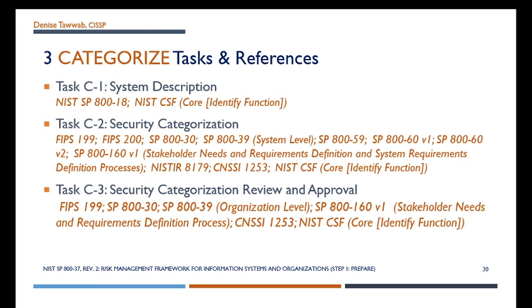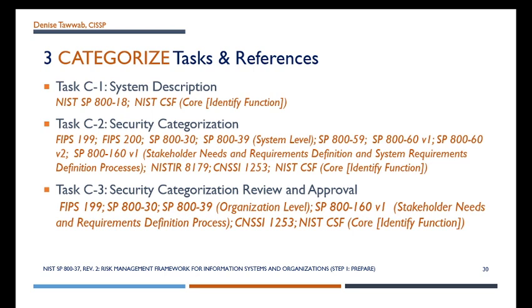For task C3, getting the categorization reviewed and approved, again, you're going to take a look at FIPS 199, NIST Special Publication 800-30, and Special Publication 800-39, focusing on the organization level information in that document.